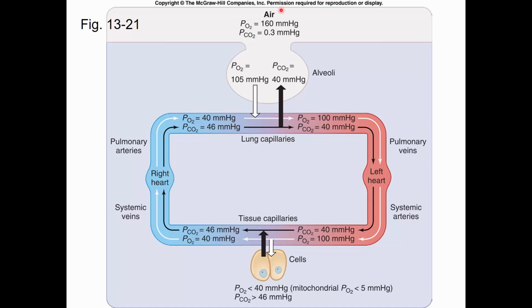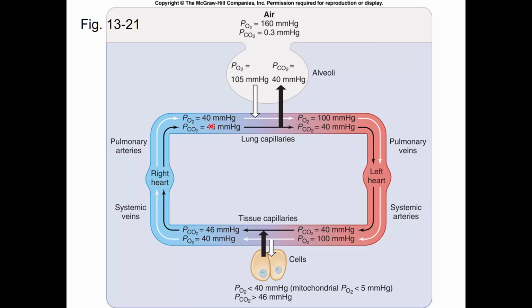So remember, we start out with oxygen in the air, very little CO2 in the air. This comes into the lungs. Immediately the partial pressure of oxygen drops because we add water vapor, and then that gas mixes in the alveoli. And so now here we have a PO2 of about 105, a PCO2 of about 40.